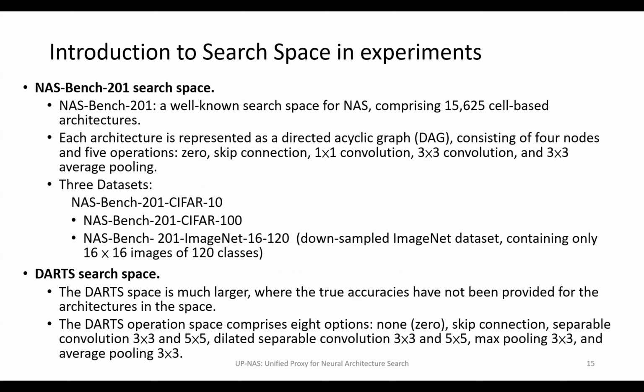To evaluate our performance, we use the NAS-Bench-201 search space and also the DARTS search space. The former has the ground truth for every architecture, but in the DARTS space, there are no exact scores for all the architectures because the space is too large.